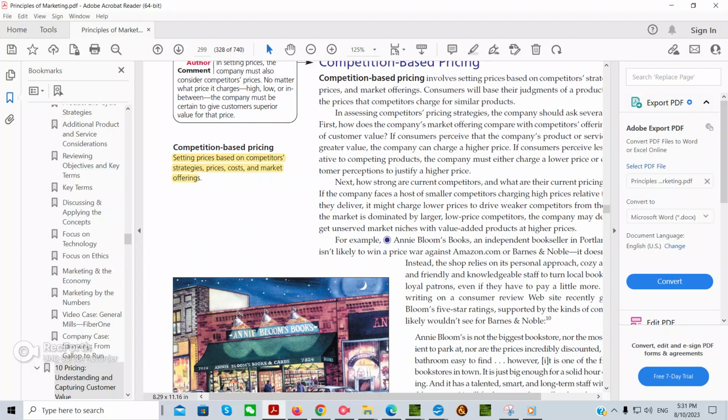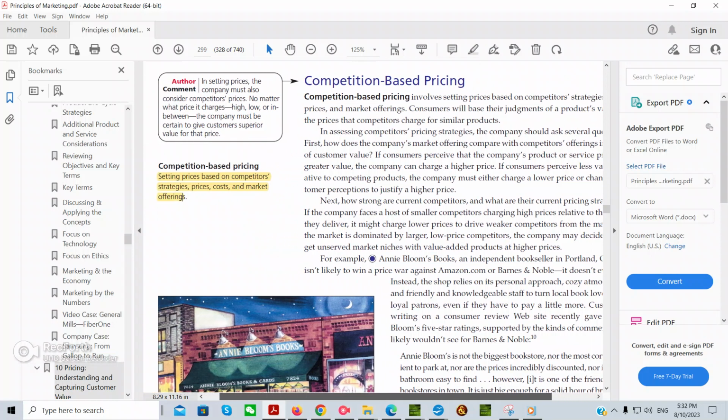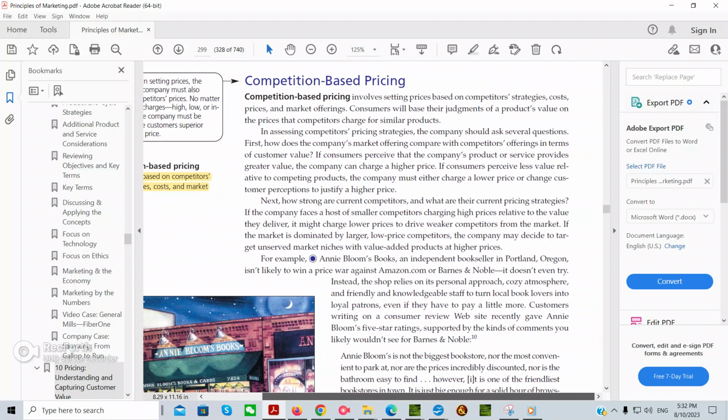Similar to what they were talking about before. Now, with that in mind, just as a reminder, competition-based pricing involves setting prices based on competitors' strategies, costs, prices, and market offerings. Now, consumers will base their judgments of a product's value on the prices that competitors charge for similar products.